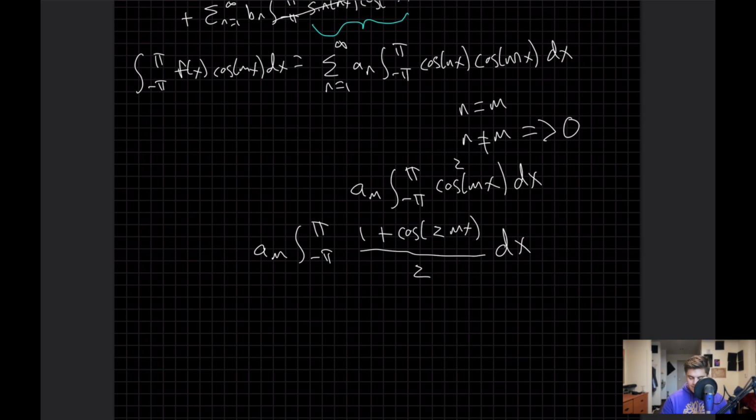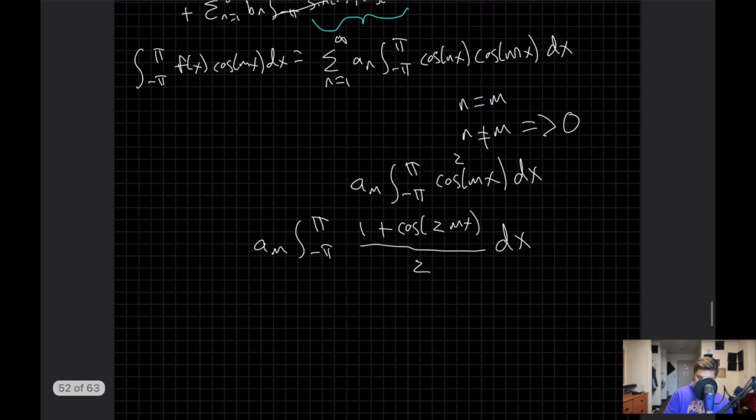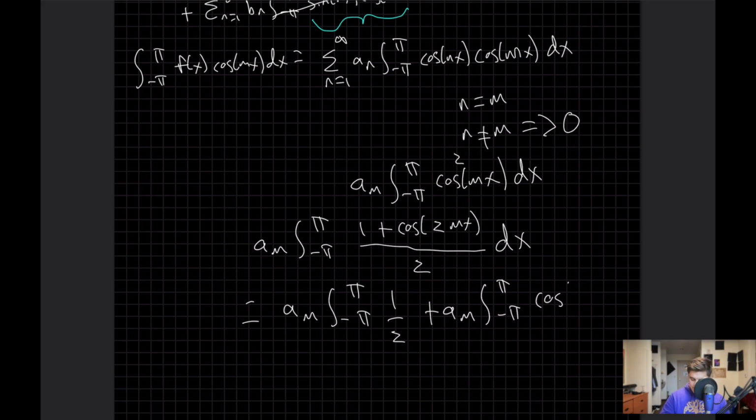And now what we have is equal to a sub m times the integral of negative pi to pi of 1 over 2 plus a sub m times the integral of negative pi to pi of cosine of 2mx over 2 dx.